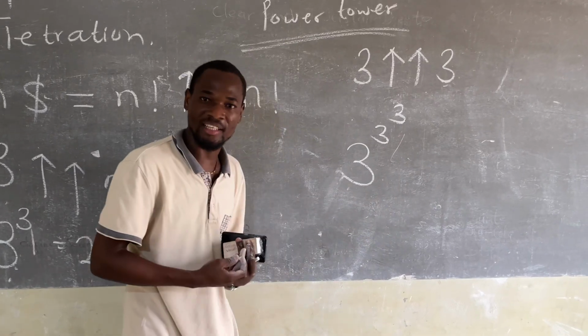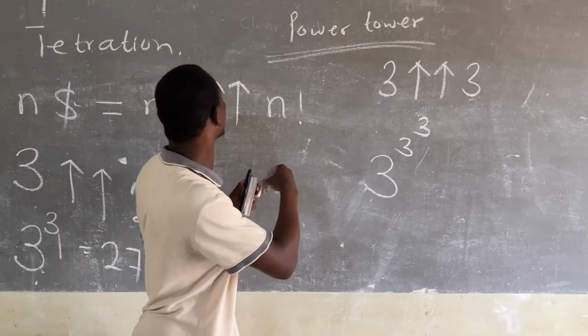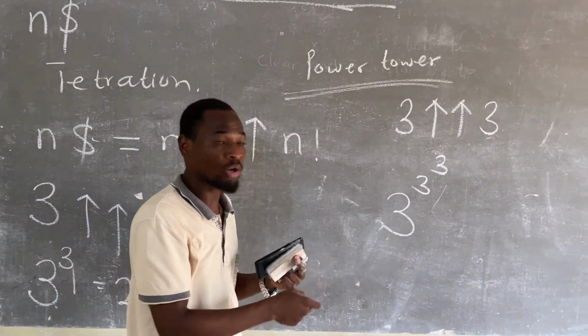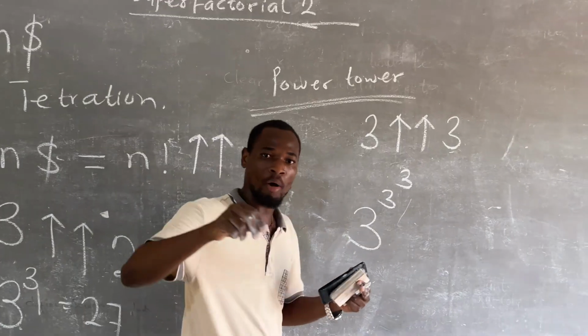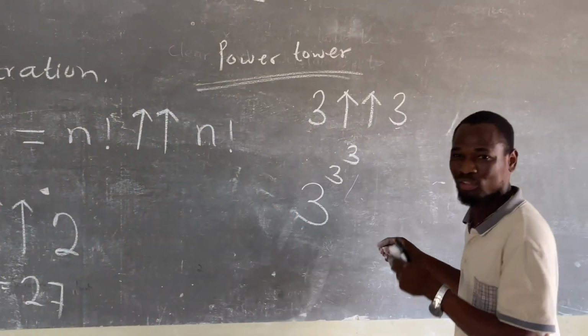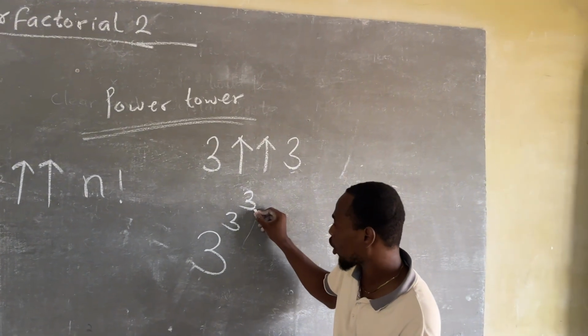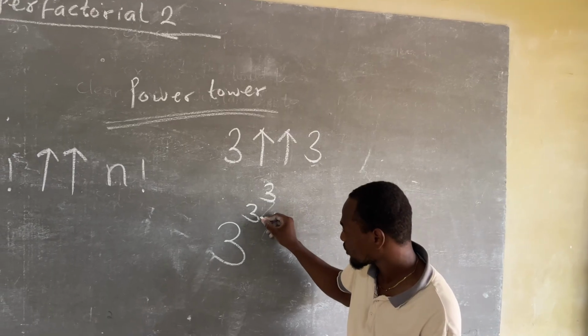How do we evaluate this? It is very simple. We evaluate power towers from the top down. This is the top part, then you move onwards to the down part.